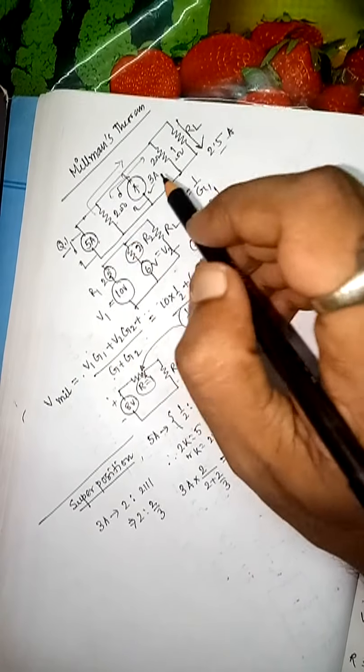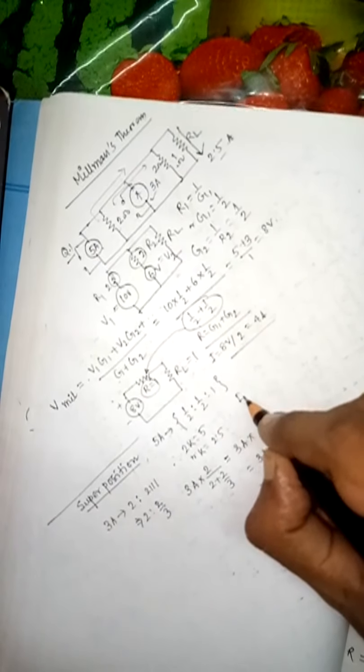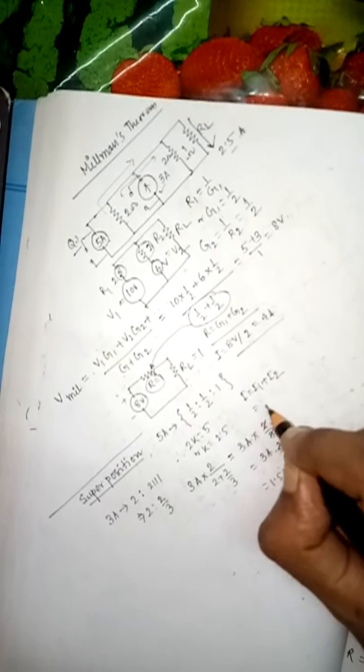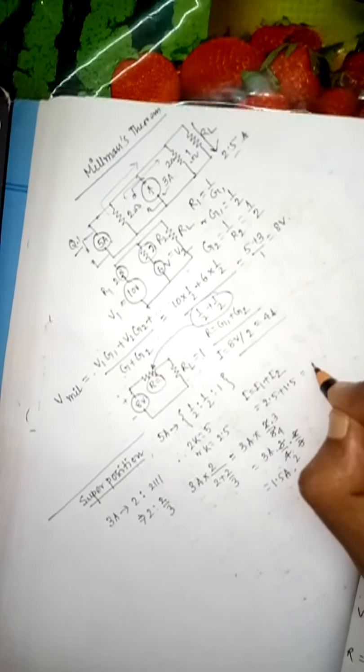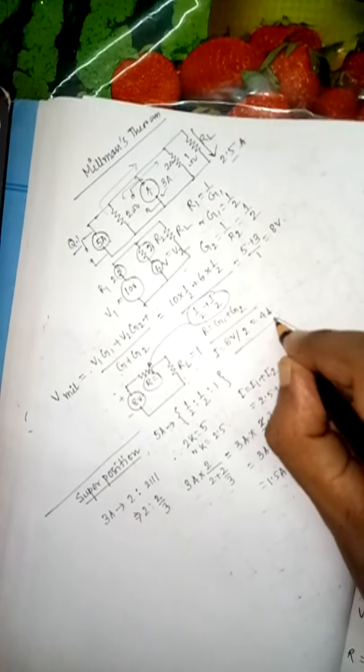Both are supplying current in the same direction, so it is additive. So the final current I equals I1 plus I2, which is 2.5 plus 1.5 equals 4 ampere, and you can see those two are the same answer.